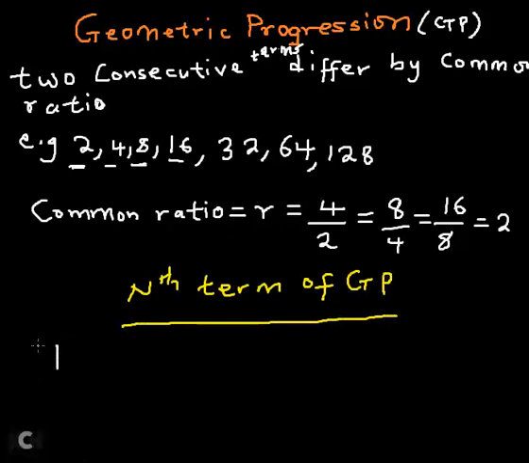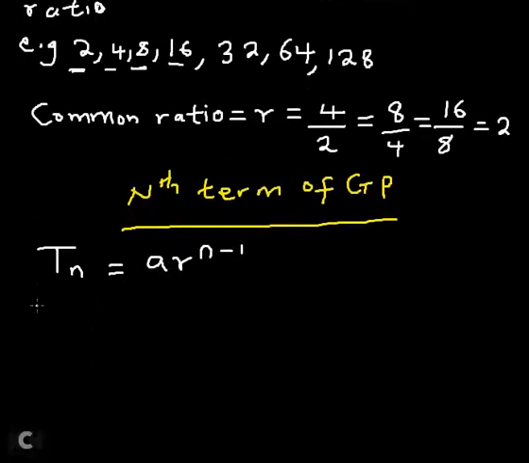It goes this way. The nth term Tn is given as A R raised to the power of n minus 1. Of course, you know what the A is: A is the first term.